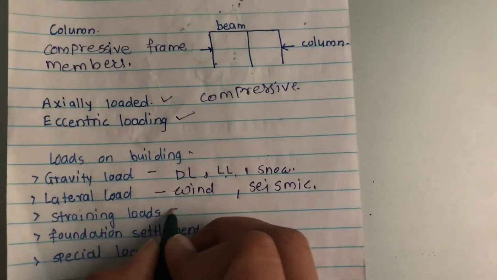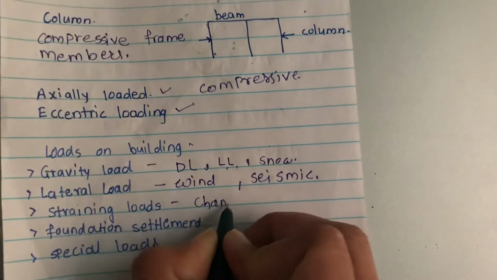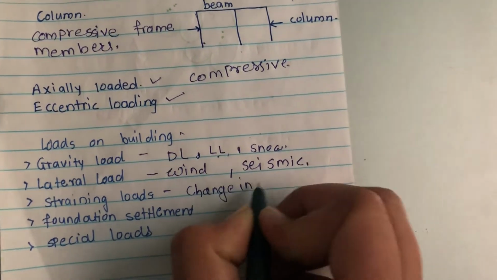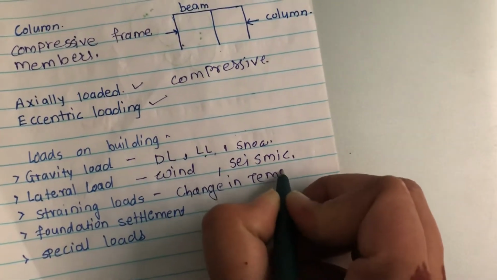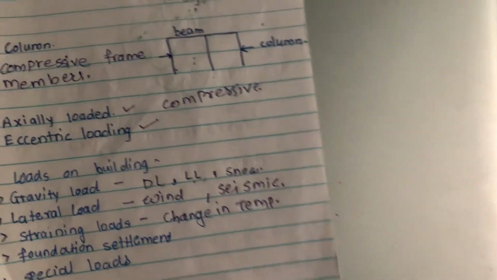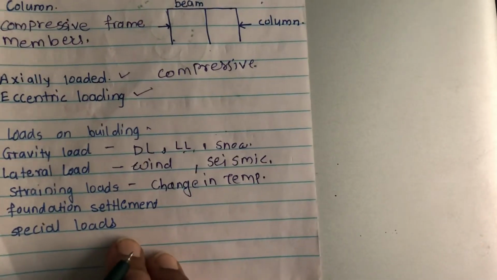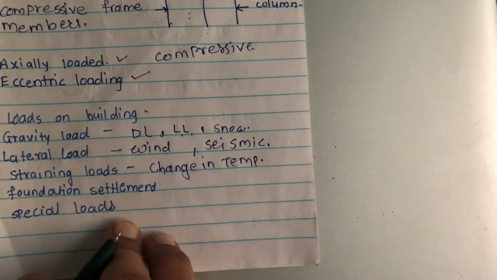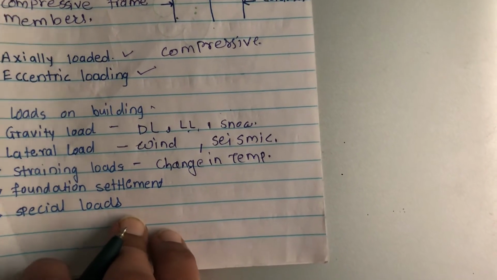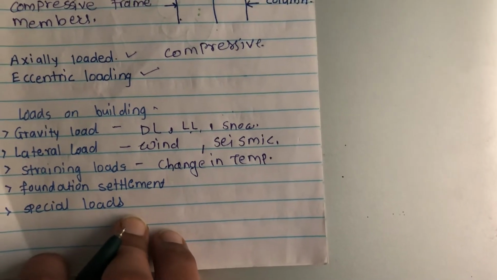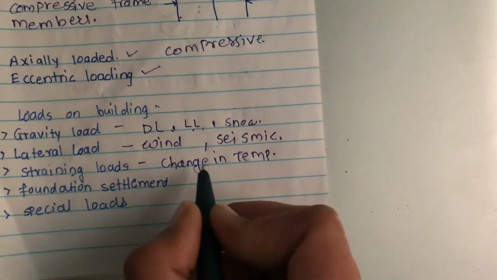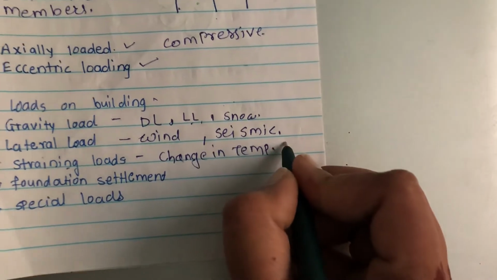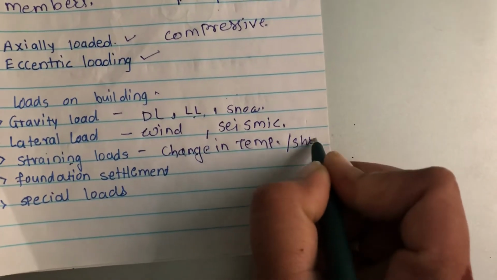This load is due to the change in temperature or shrinkage. In concrete, loss of capillary water increases internal cracking and external deflection. So in straining load, one is change in temperature and another one is shrinkage.